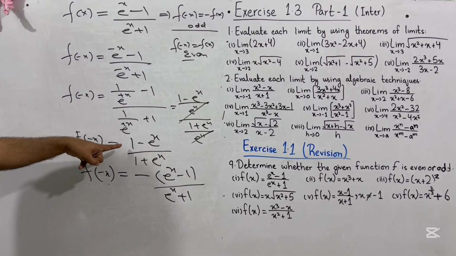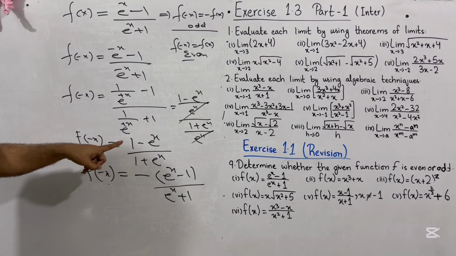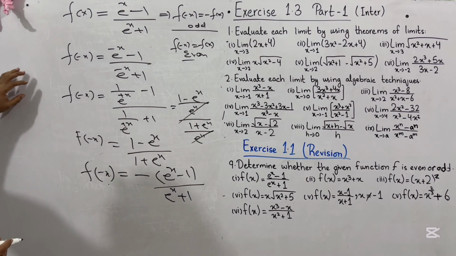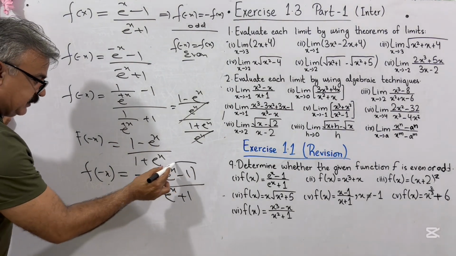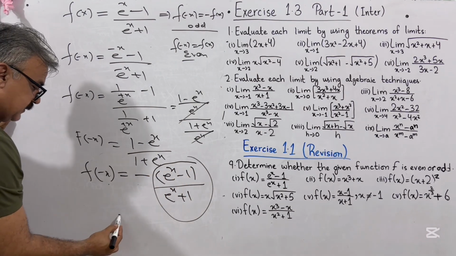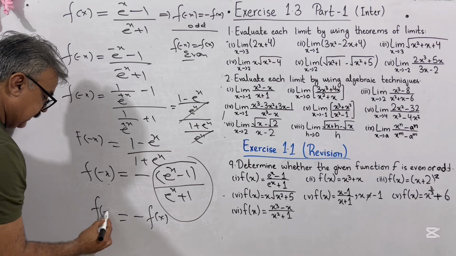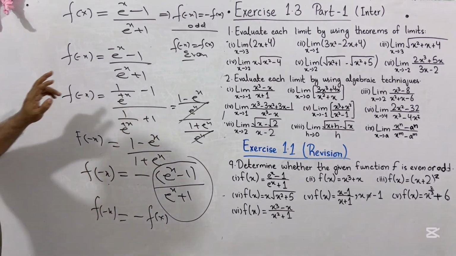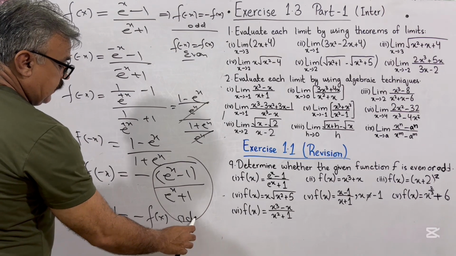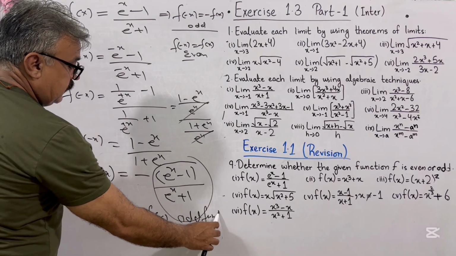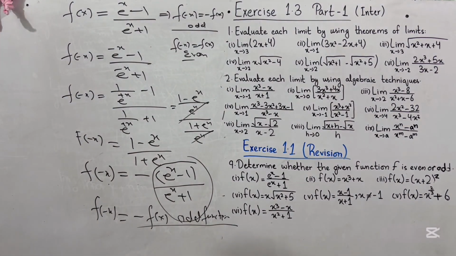Taking minus common from the numerator is something wonderful in mathematics. So it is overall the same function with a negative symbol, negative f of x. So f of minus x is equal to negative f of x. It is the definition of an odd function. So this is our odd function. The rest we have already done.